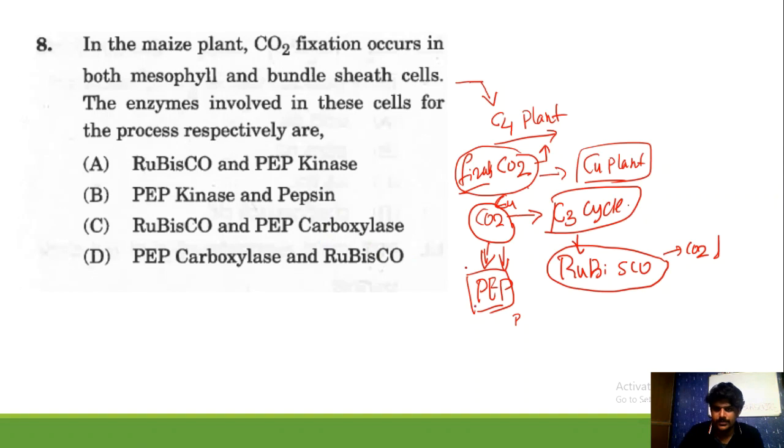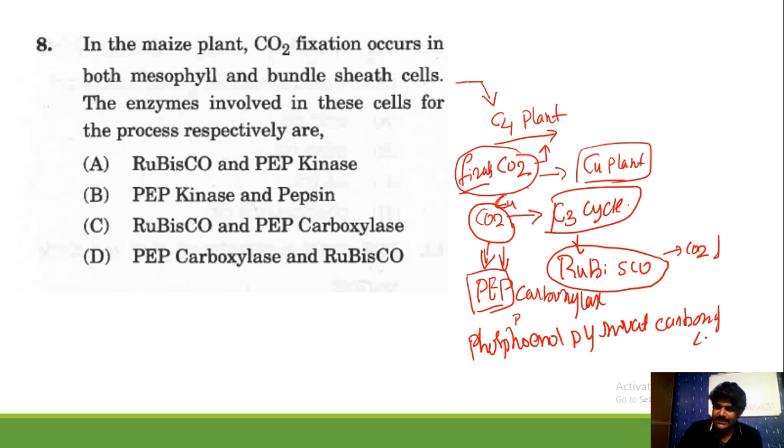That is PEP carboxylase, phosphoenolpyruvate carboxylase, the enzyme which fixes the CO2 in the first phase of the C4 cycle, which takes place in the mesophyll.